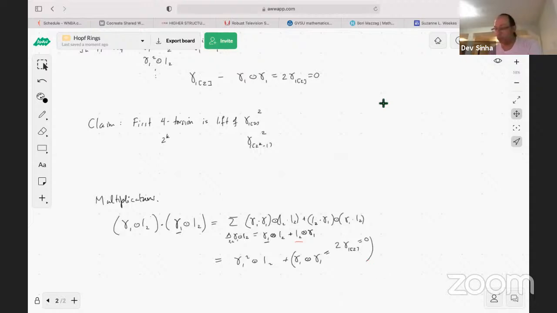And let's see how this works in diagrams. What we're saying is that this times this equals this plus this with a solid line, because of the transfer product, but that's 0, that's twice something.